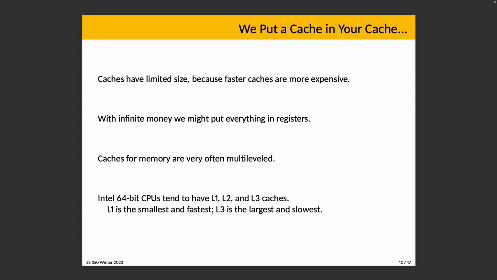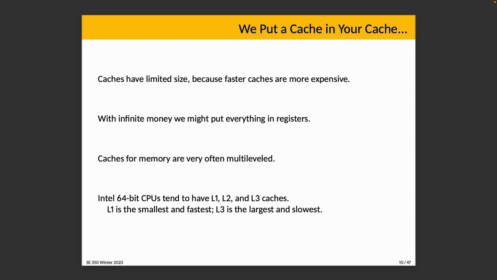Not always, but at least based on current space. However, it turns out there is a limit to what people are willing to pay for CPUs. Intel and AMD don't always act like they know this fact, but it does turn out to be the case. And caches for memory are very often multi-level.